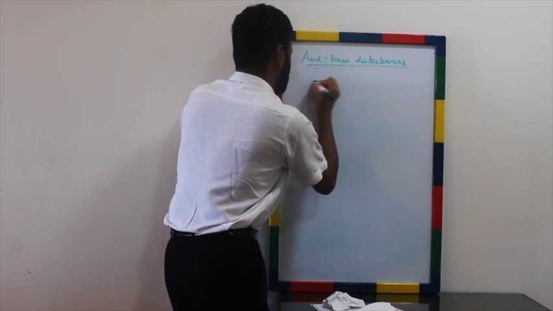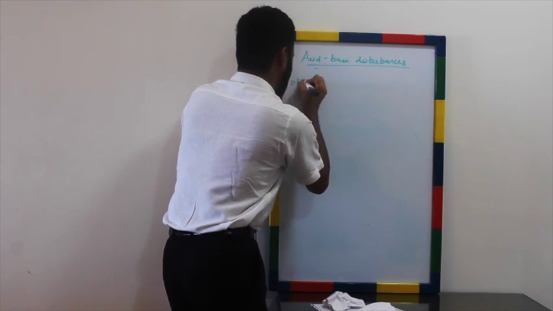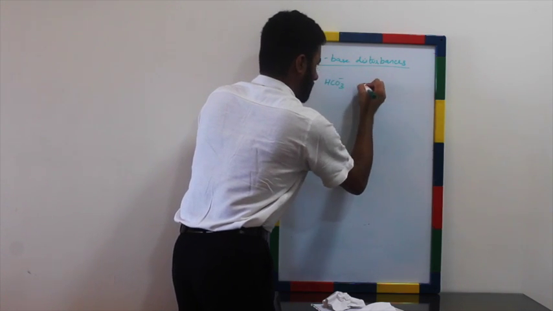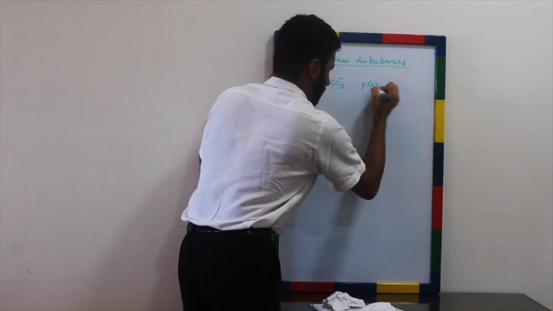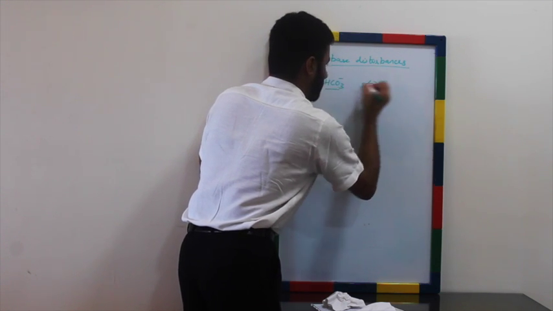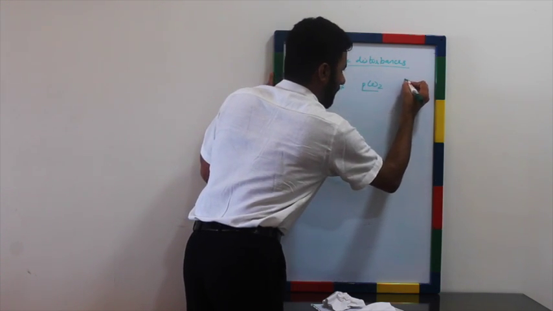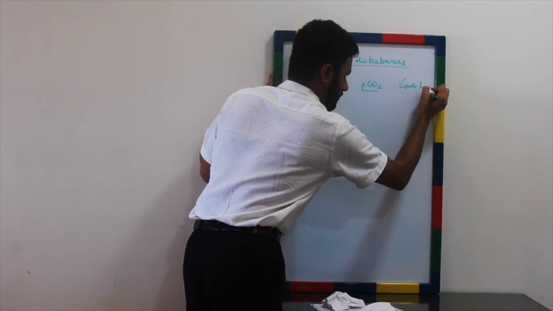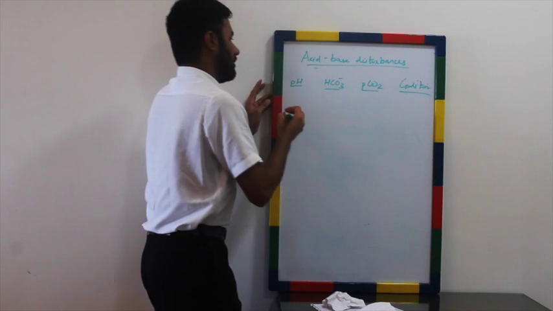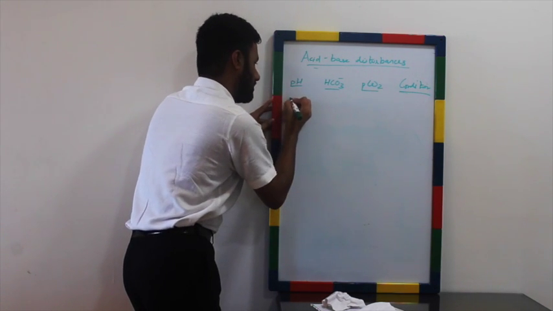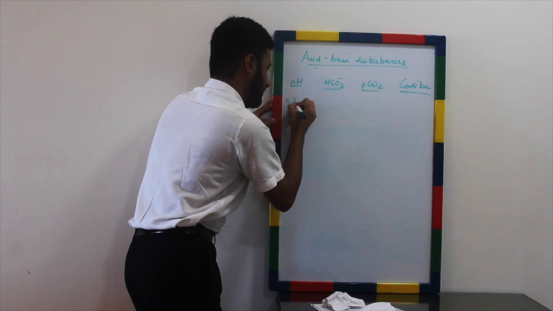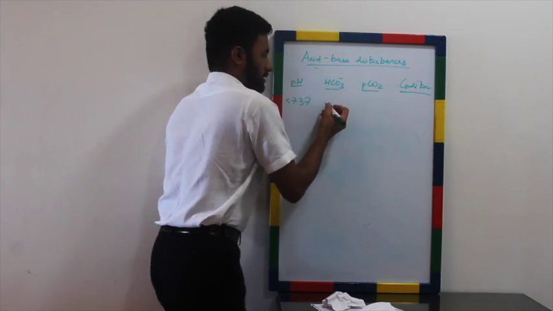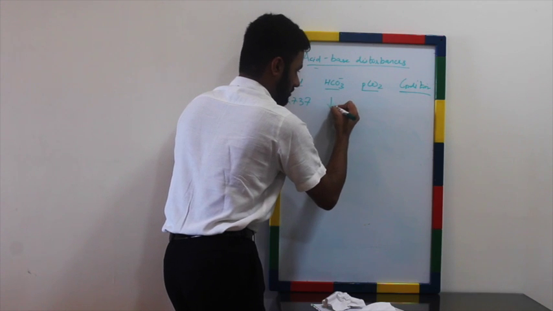So let's say the pH is less than 7.37. The plasma bicarbonate is decreased.